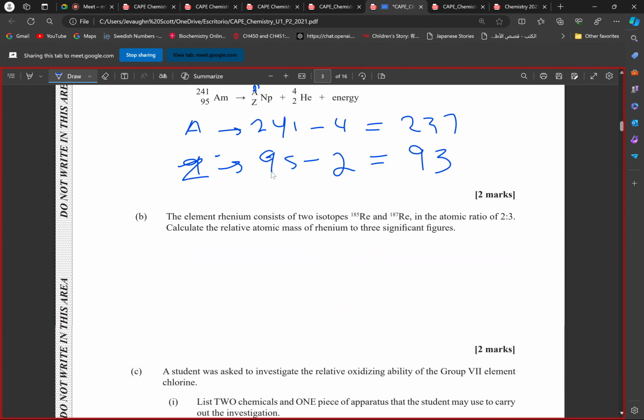The element rhenium consists of two isotopes, rhenium-185 and rhenium-187, in the atomic ratio 2 to 3. Calculate the relative atomic mass of rhenium to 3 significant figures.